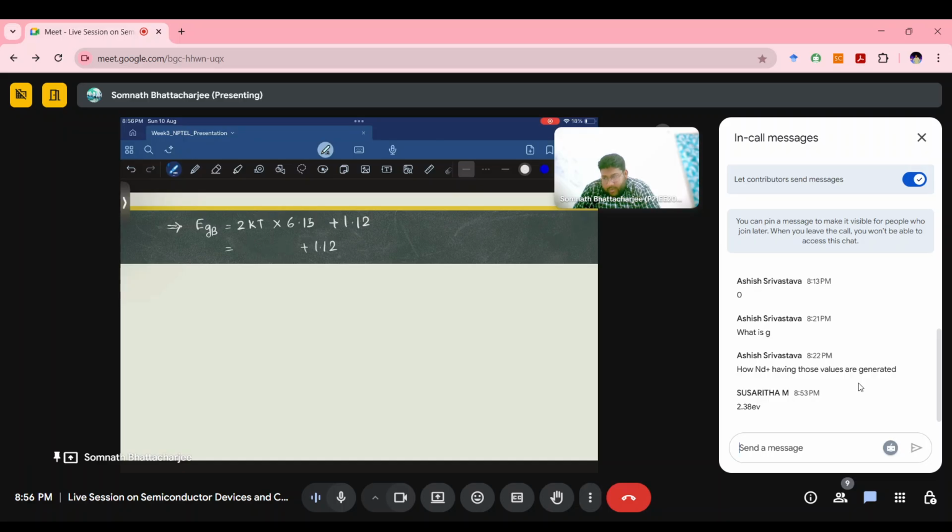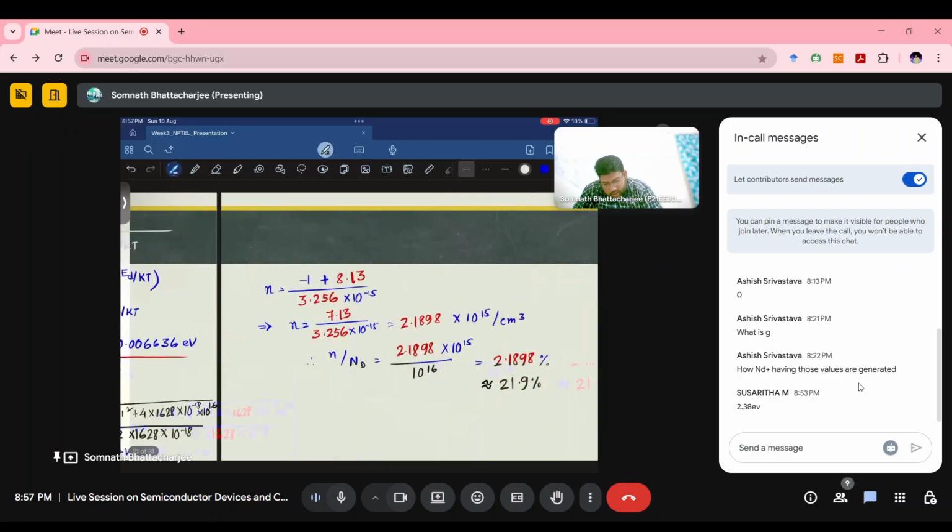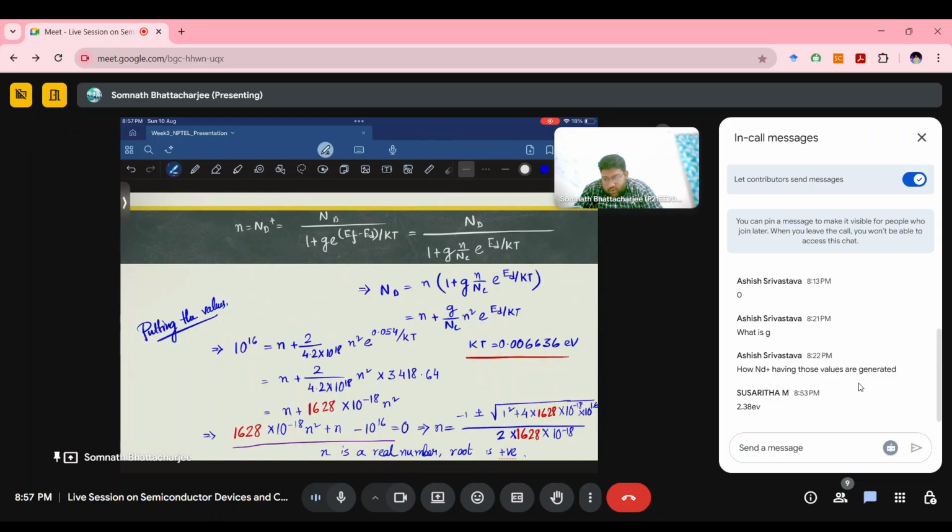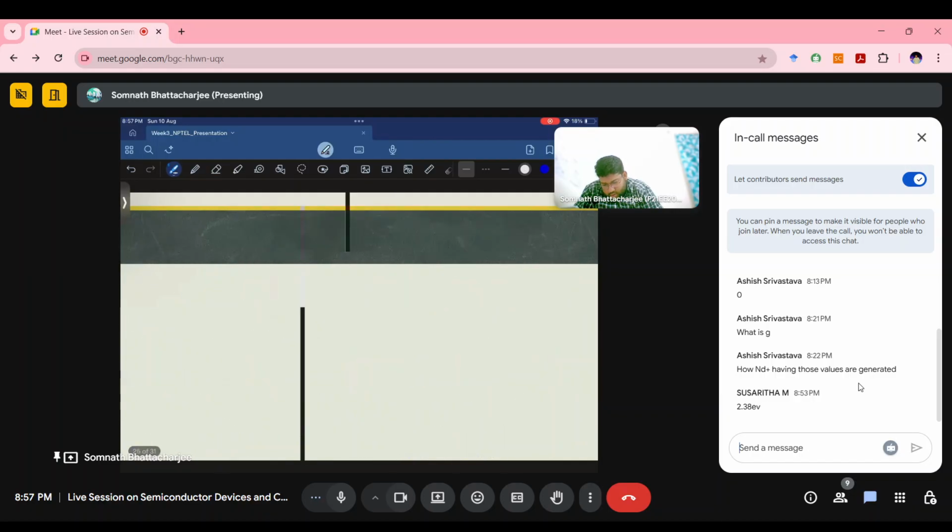So this one would be 0.8612. Let me recheck it again. 6.15 multiplied by 2, 0.006636, right? No, the previous one was right actually. Yeah, this one was right.